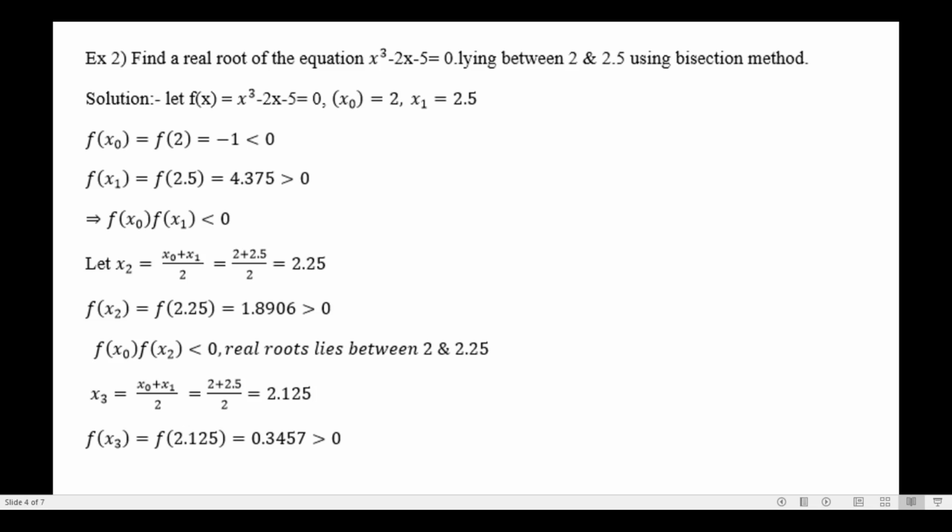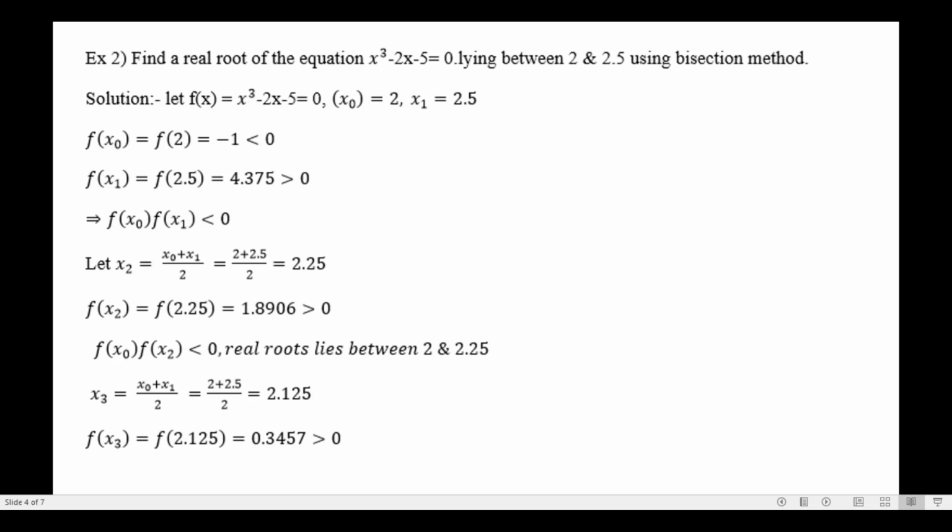For example, if you want the real root of the equation x cube minus 2x minus 5 equals 0, and the root lies between 2 and 2.5, in the bisection method, how are we going to find the iterative root with desired accuracy.